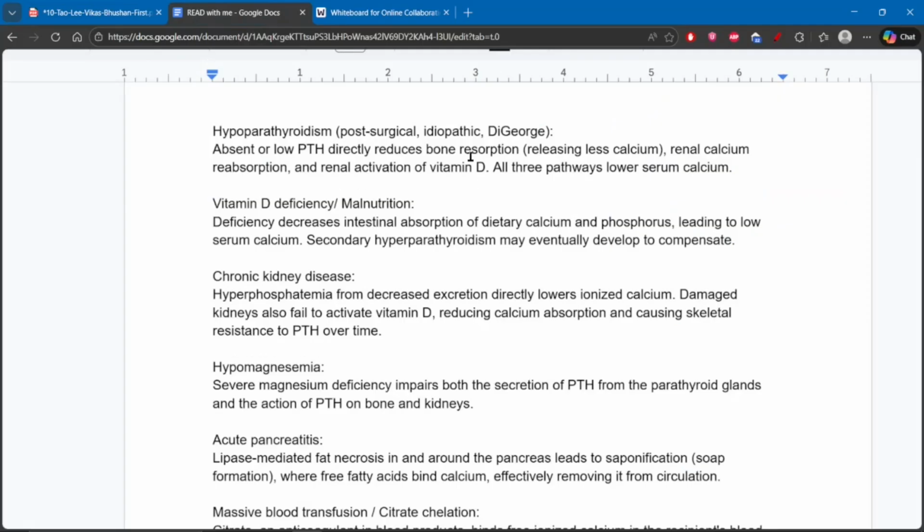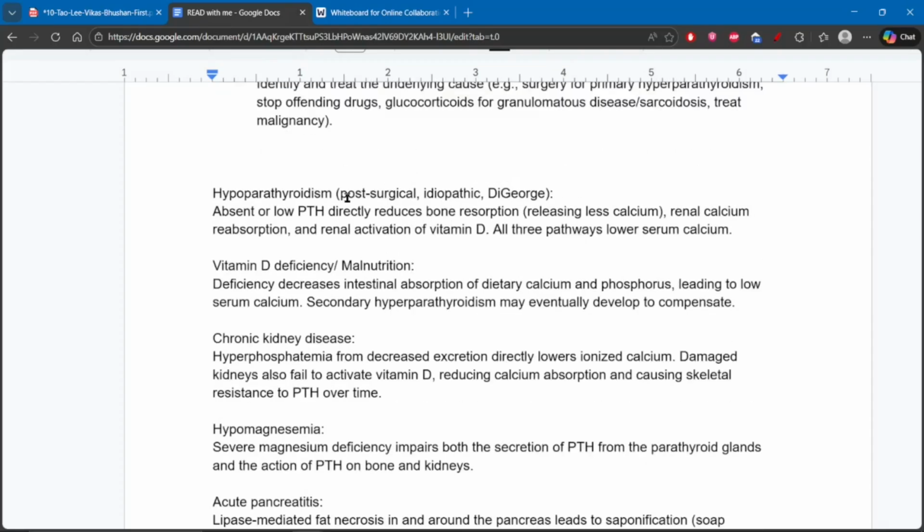Hypoparathyroidism, post-surgical, idiopathic, or DiGeorge syndrome, all of these cause hypoparathyroidism. DiGeorge syndrome has a congenital absence of parathyroid glands. Hypoparathyroidism can be caused idiopathically, and post-surgically. So, how do we cause hypoparathyroidism post-surgically?